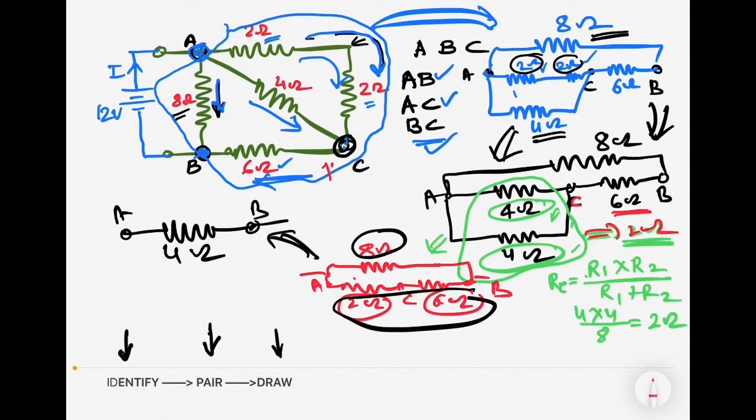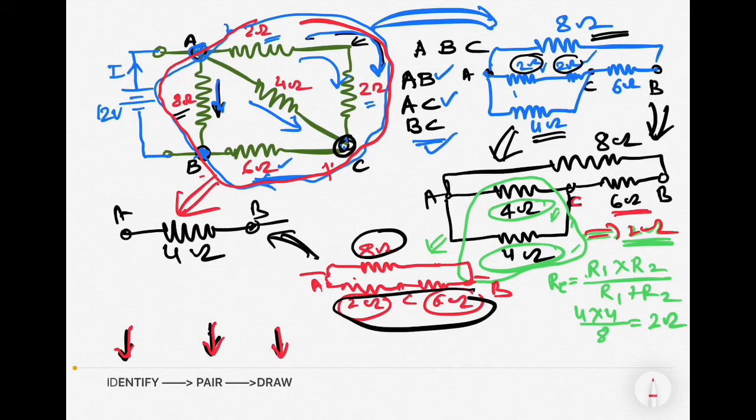So here we have converted this whole set of resistors into a simple circuit of 4 ohm, following this 3-step method of identifying the junctions, then pairing the junctions, and then drawing the direct path between those junctions.